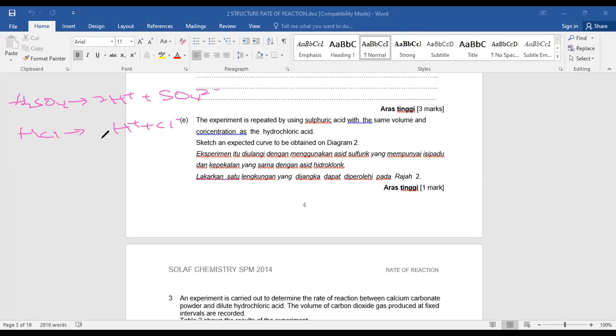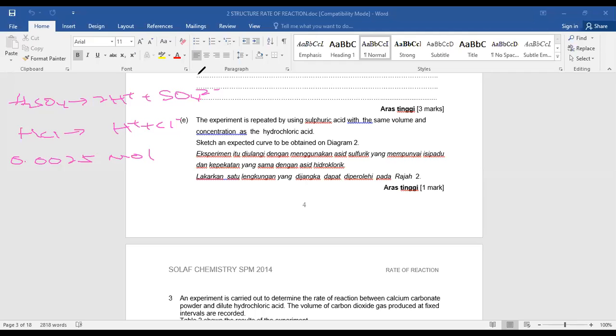Just now, we have calculated that our number of mole of hydrochloric acid will be 0.0025 mole. Therefore, 1:1. The number of mole of the hydrogen ion is also 0.0025. But in the case of using the sulfuric acid, this has doubled. Can you see?